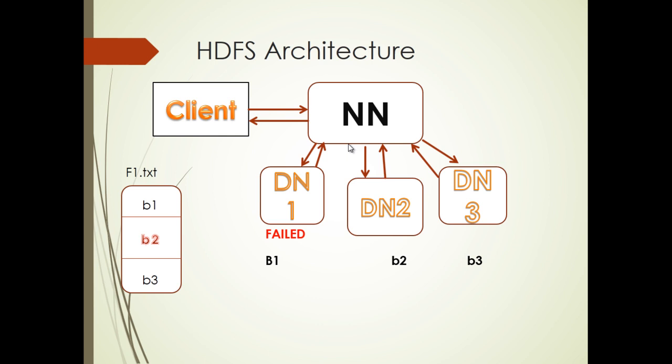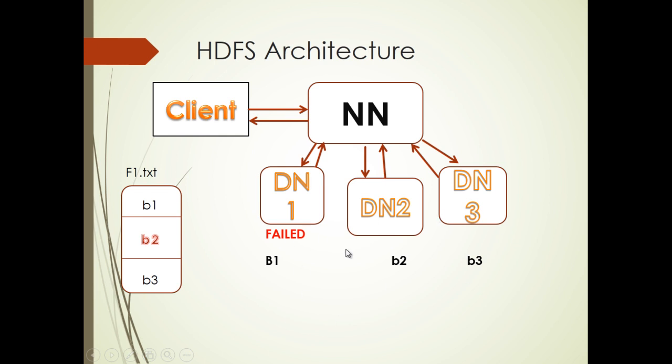In order to overcome this problem, while the file is being transferred or stored from the client location to the Hadoop system, the file is divided into blocks, and at the same time each block is stored into each data node.